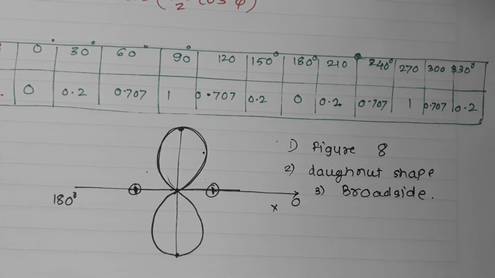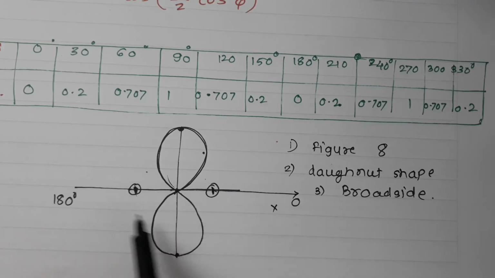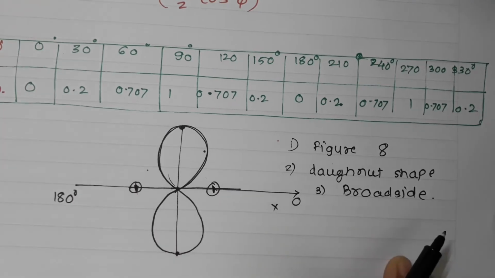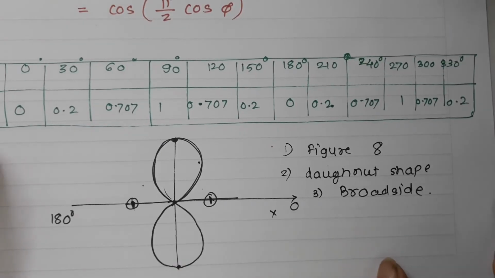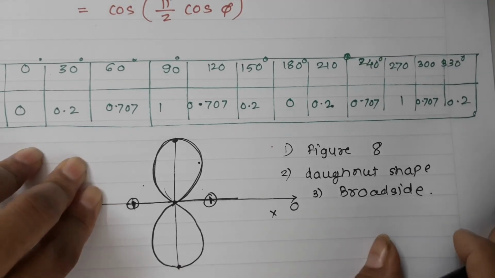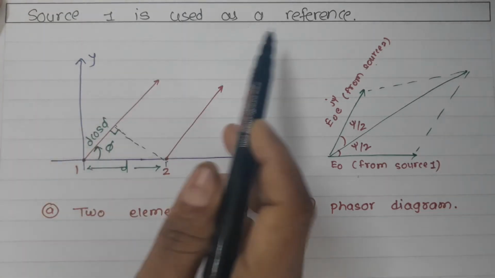If you have this particular pattern along with this placement of the arrays in a particular direction, it will be called the end fire array. So if the maximum of the radiation pattern is in the direction of the ends, either in the plus x or in the minus x, it will be called the end fire. But if you can see here, it is perpendicular to the placement of the arrays, it will be called the broadside array.